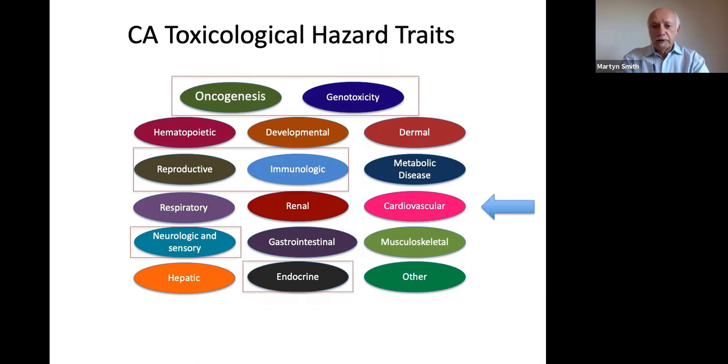We have the key characteristics of carcinogens first. There's also reproductive, neurologic, cardiovascular, endocrine, and immunologic. All of these are being developed at the present time or have recently been published. Eventually, we hope to get hazard traits and key characteristics for all these hazard traits.